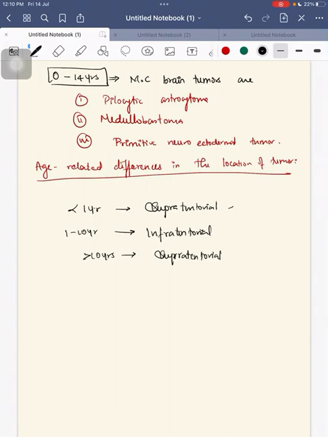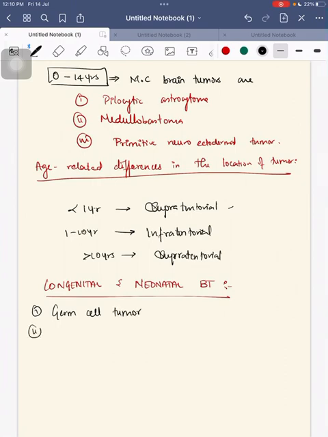Next we will see the tumor classification and how they are classified. First we are going on with the congenital and neonatal brain tumors. First one is germ cell tumor, second is choroid plexus tumor, third is embryonal tumors.